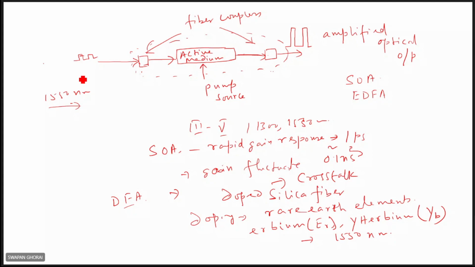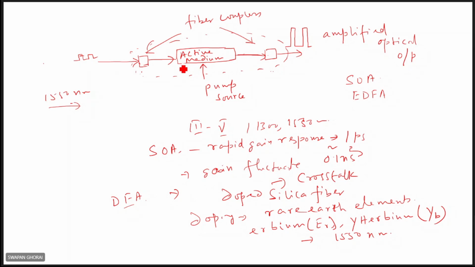Right. So how does it work? Suppose there is an active medium, it can be semiconductor based or fiber based, and there will be a pump source. When you use the pump source and the light signal, then within the active medium, electrons will be excited to the upper energy state, right?